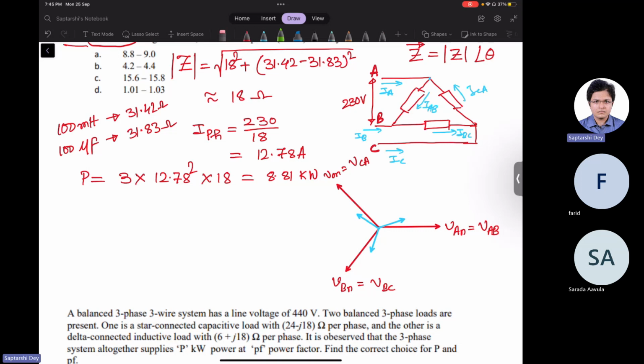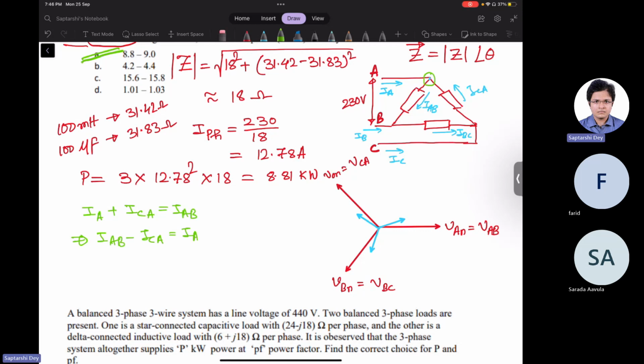If you apply KCL at this node, IA plus ICA is equal to IAB. In other words, IAB minus ICA is IA.